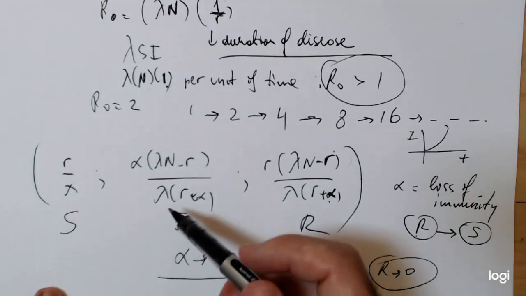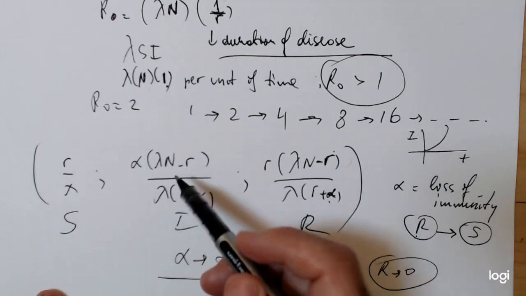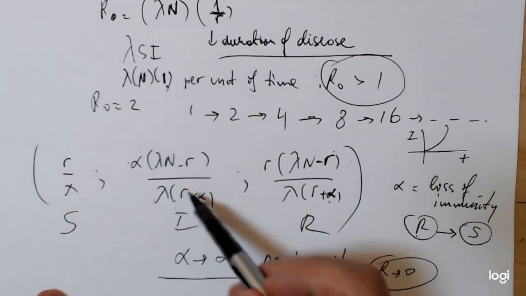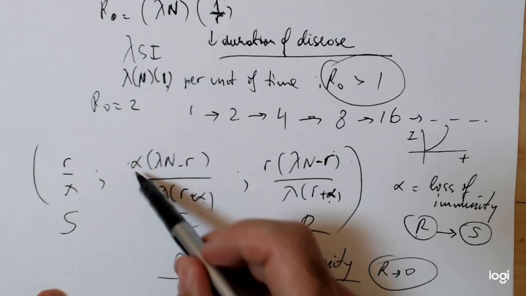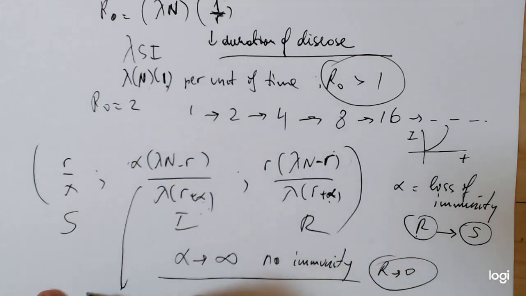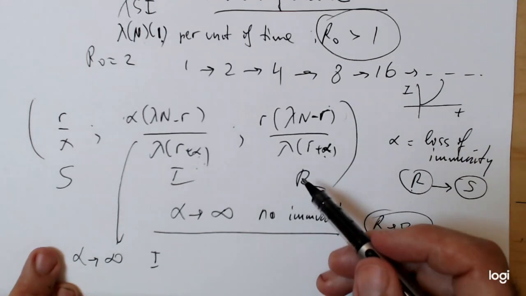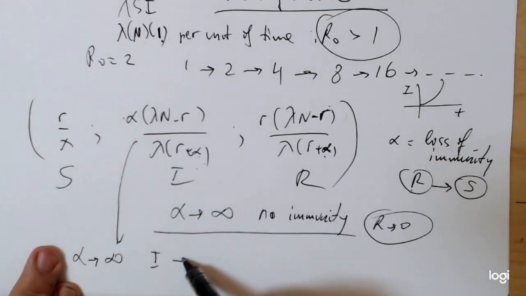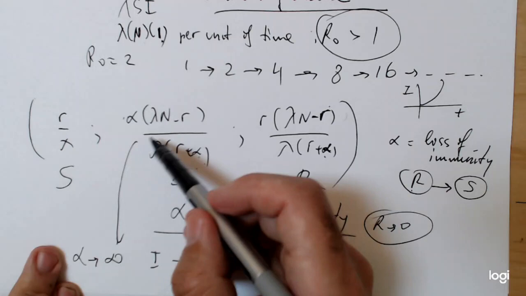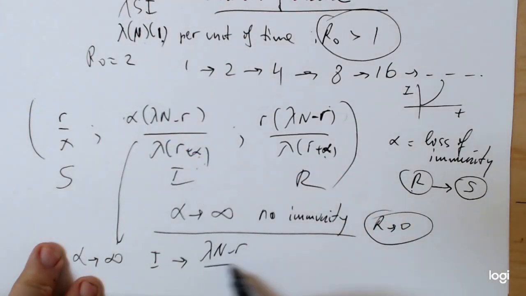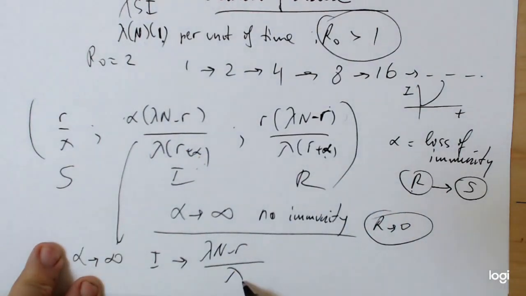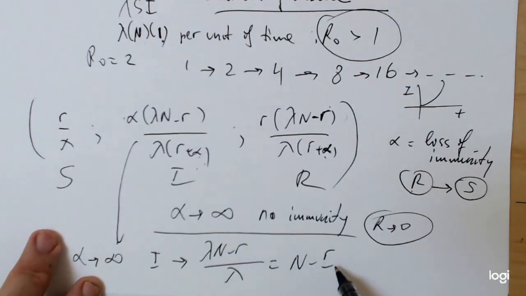If you remember limits from calculus 1, when alpha goes to infinity, you have alpha on both sides of the fraction. So the limit is the ratio of the coefficients of alpha. So if alpha goes to infinity, the limit is lambda N minus R over lambda, which is N minus R over lambda.